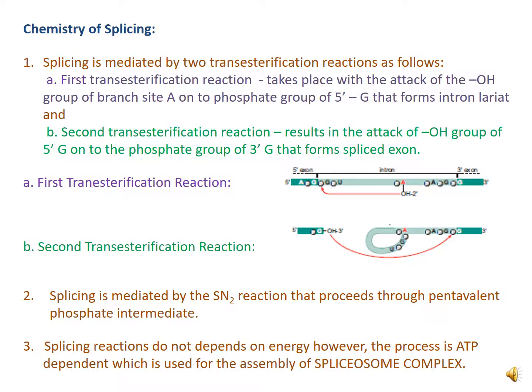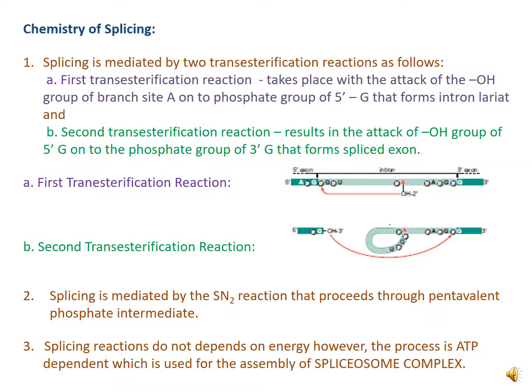The chemistry of splicing basically involves two transesterification reactions. The first transesterification is initiated by the attack of the branch site adenine hydroxyl group onto the phosphate group of the guanine present at the donor site, the intron guanine.